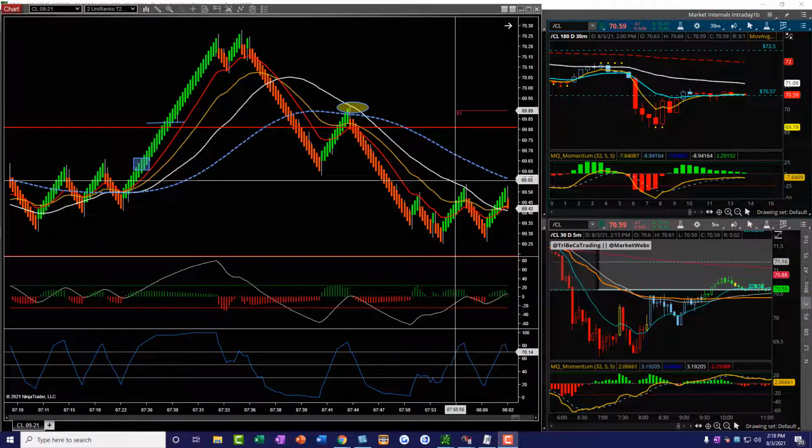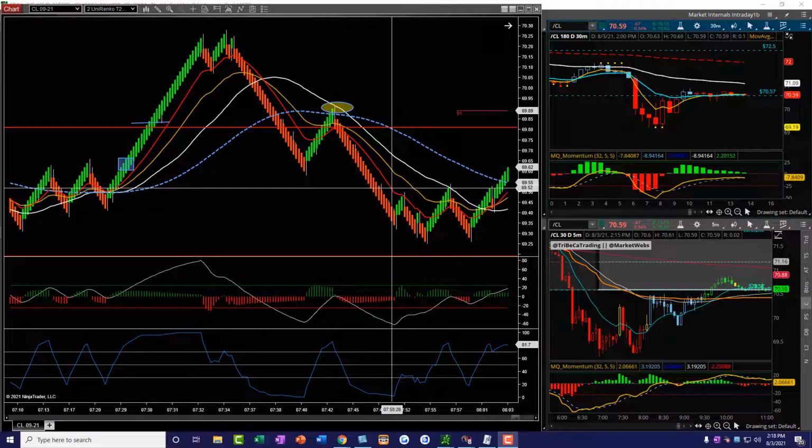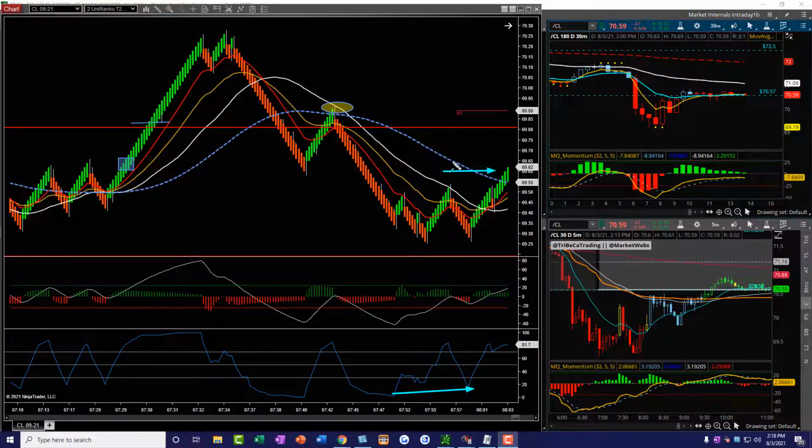So I did have one more long here. As you can see, we start getting some more divergence again, moving back up, getting price back on the right side of my overall trend indicator, which is this smooth 50, the 50 EMA.